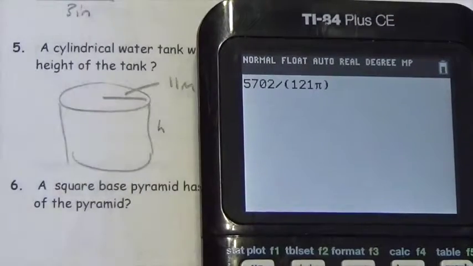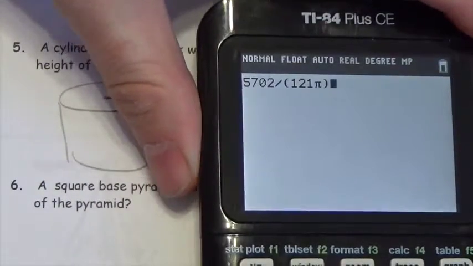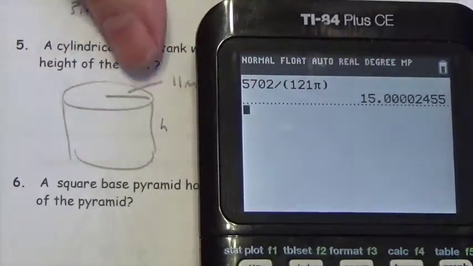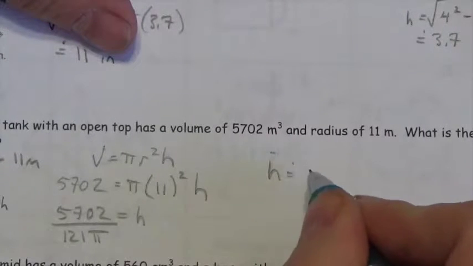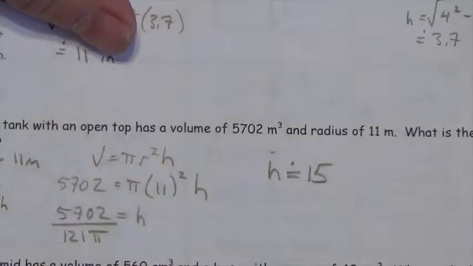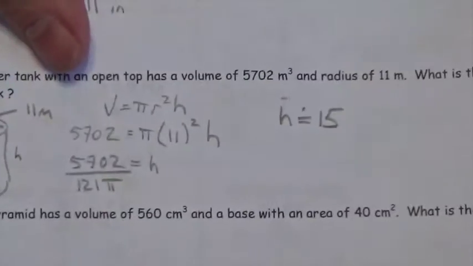The calculator will do exactly what I tell it, not what I think it should be doing. So 5,702 divided by 121 pi, press enter, and you can see the number that we're looking for here is definitely 11. Okay, so the height here is going to be approximately 11. Wow. Well, that number there is obviously not 11, that's 15. The answer here is 15.